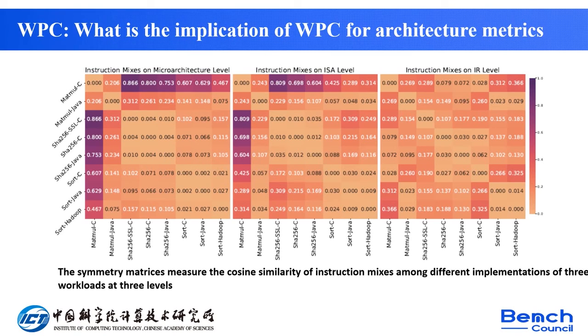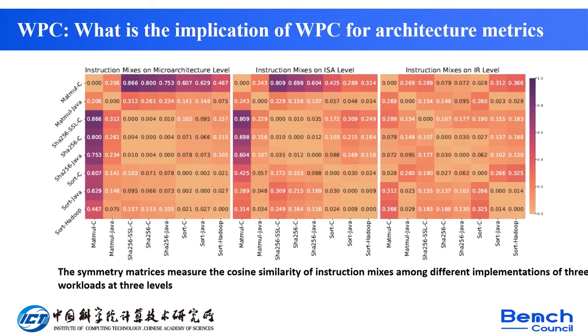Indeed, they are different. Sort C has lots of floating point operations, whereas SHA-256 C is integer operation intensive.